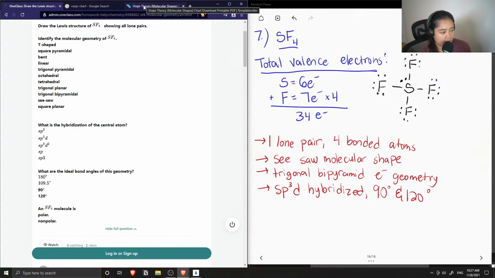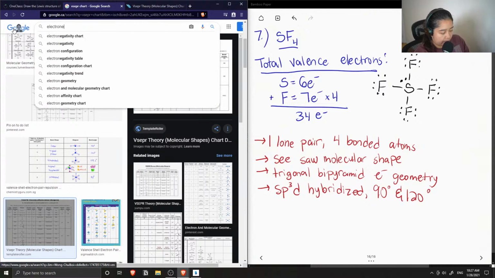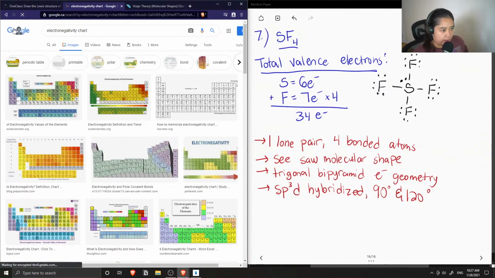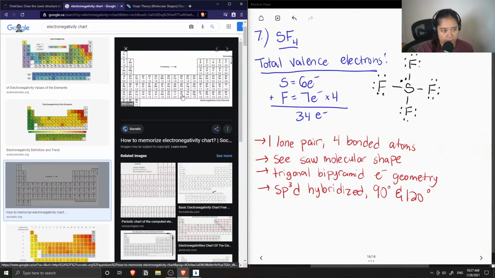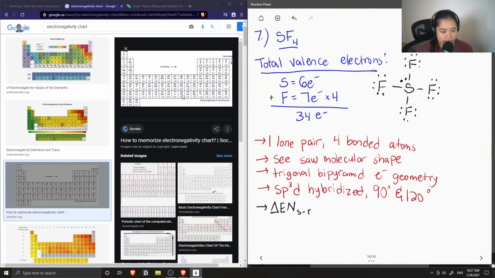And is the SF4 molecule polar or nonpolar? Okay, so to determine whether or not a bond is polar, we need to find out the electronegativity values of the atoms that are involved. So let's find out the electronegativity difference between a sulfur and a fluorine bond. So fluorine has an electronegativity value of 4, and the sulfur has an electronegativity value of 2.5.